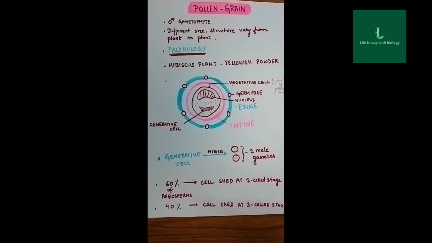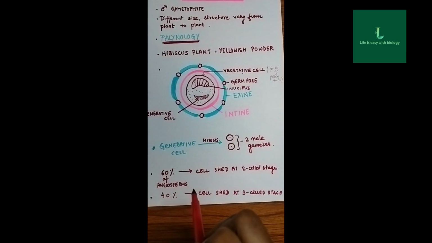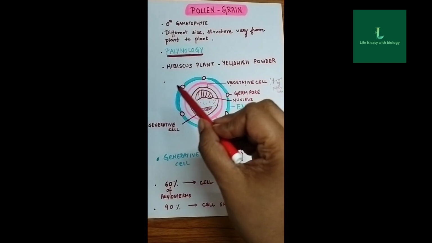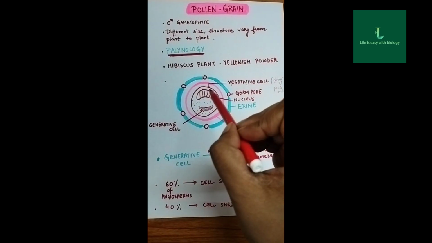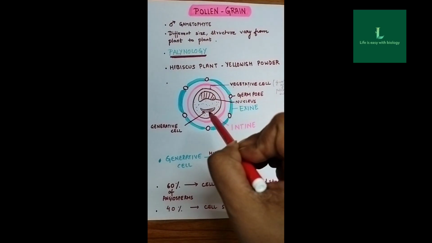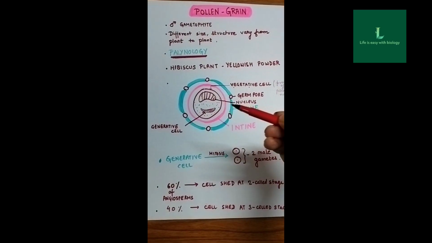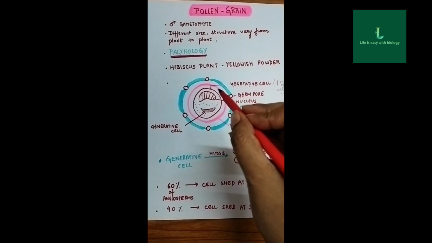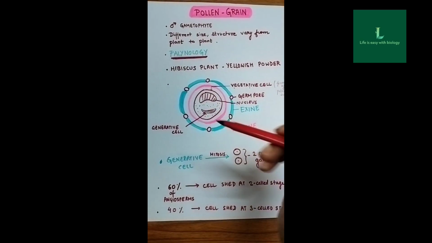and the generative cell produces the male gametes. 60% of angiosperm pollen grains are shed at the two-celled stage. At this stage, as mentioned in the diagram, there is one vegetative cell and one generative cell. When pollen grains are shed from the anther at this stage, they are called two-celled, one vegetative and one generative.